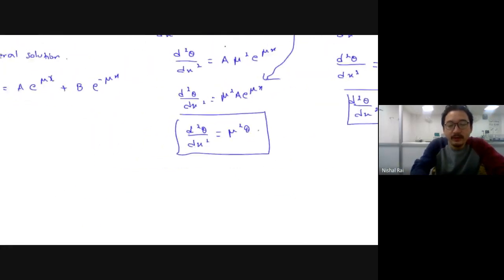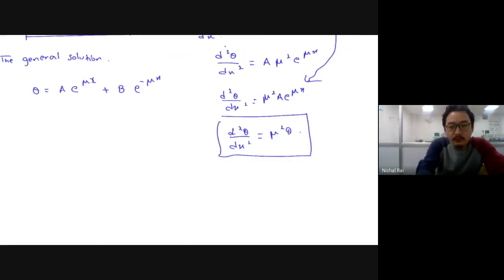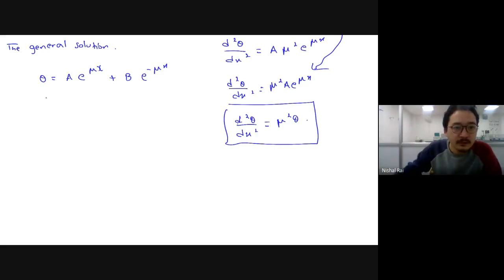So when you get these two independent solutions, if two solutions are independent and they are solutions of a given differential equation, then you can write the most general solution as a linear combination of all the known solutions. So in that manner, we have a linear combination of all the solutions.